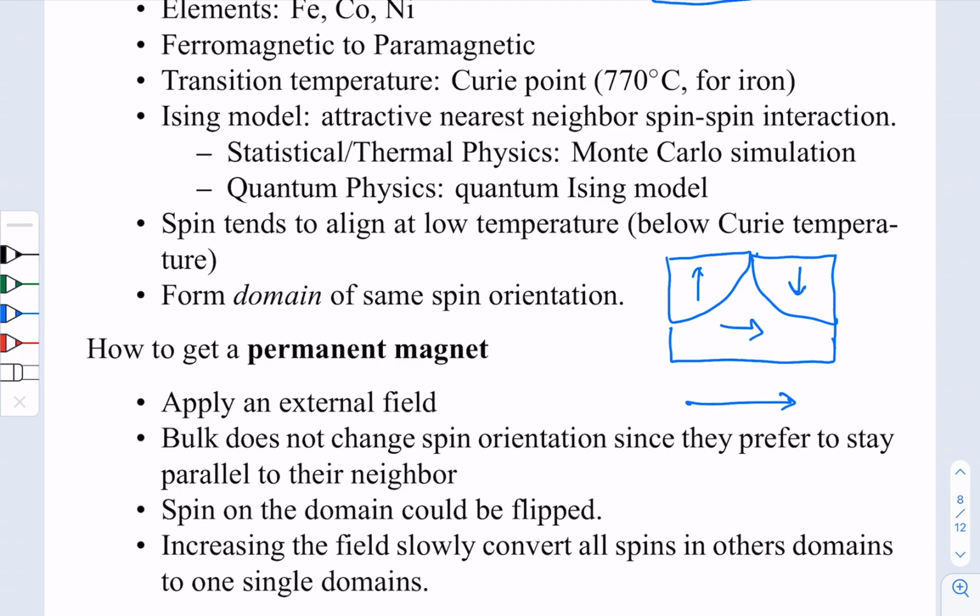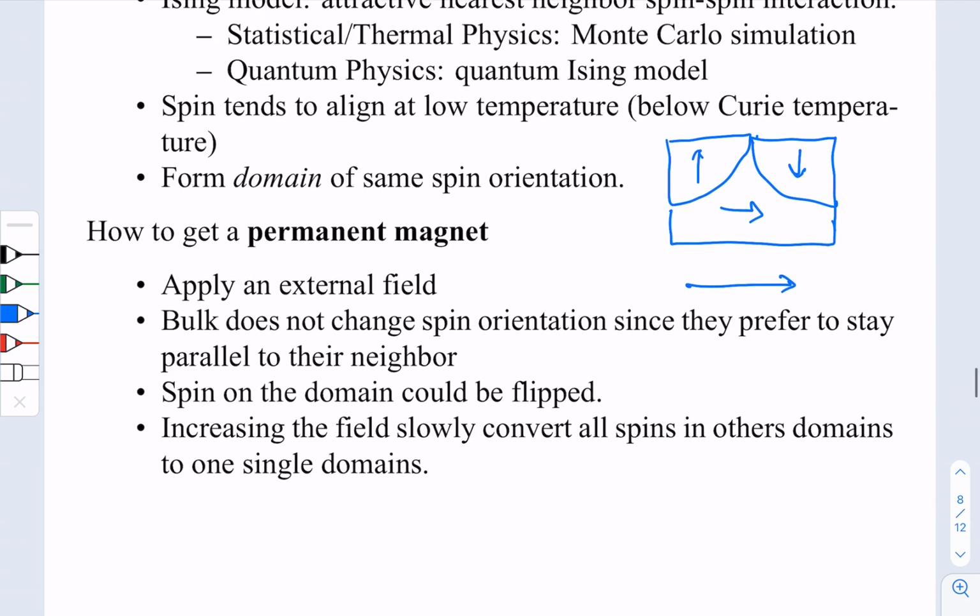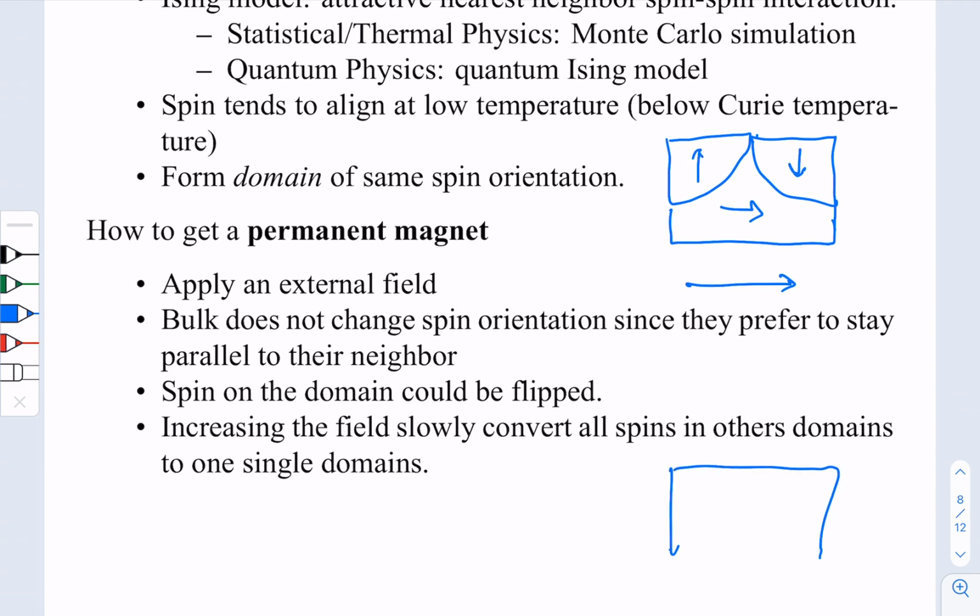As you keep increasing the magnetic field, this domain of spin right increases, and eventually it eats them all up. So when you slowly increase the magnetic field, you will be able to flip all the spins to the same direction as the magnetic field. At that point, we say that the ferromagnetic material has saturated, because there are no domain walls at all.